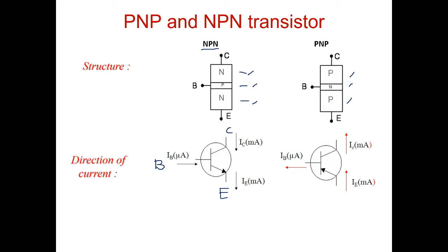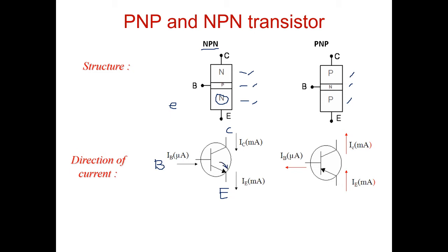If the emitter is n-type, you remember n has more free electrons, or the majority carrier is the free electrons. So the arrow is from positive to negative, so the arrow is going downwards at the emitter.